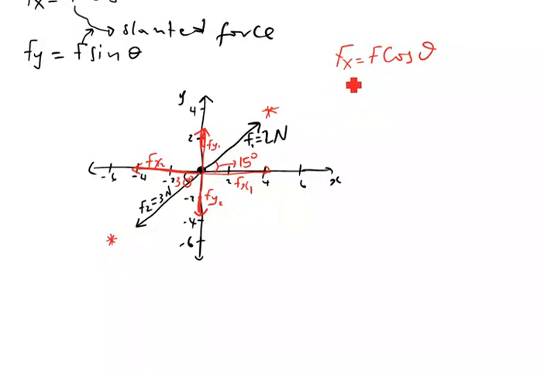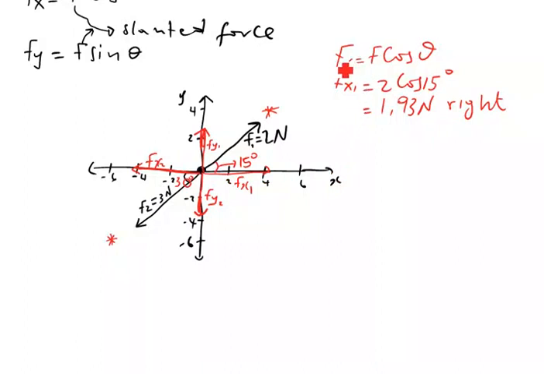But the focus now is on x1, which means I'm going to use this angle. The force that is slanted is 2, cos the angle, which is 15 degrees. Then we press the calculator. So we get 1.93 newtons. Since it is directed in this direction, that is right.